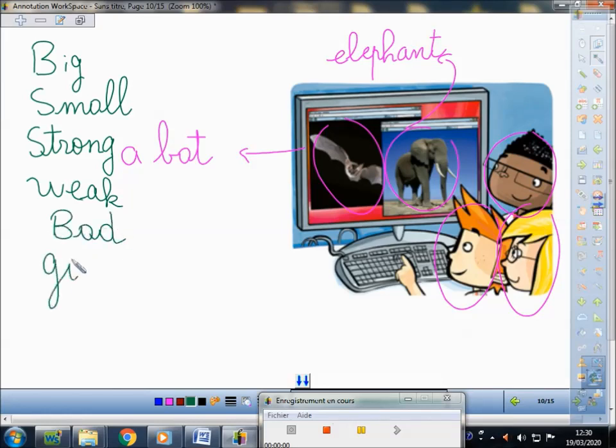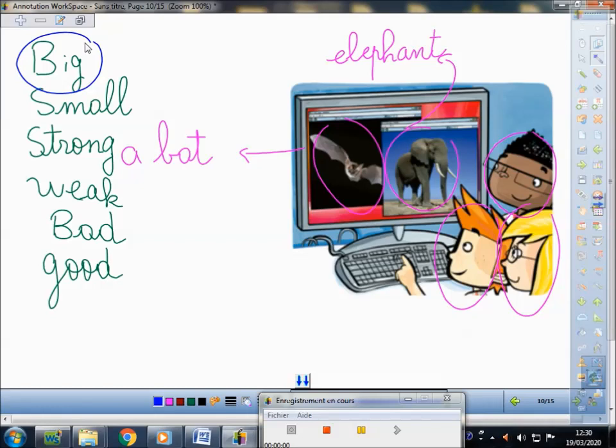Okay, let's focus on the first example I give you now. Let's talk about the adjective big, which is opposed to the adjective small. Big, small, okay?